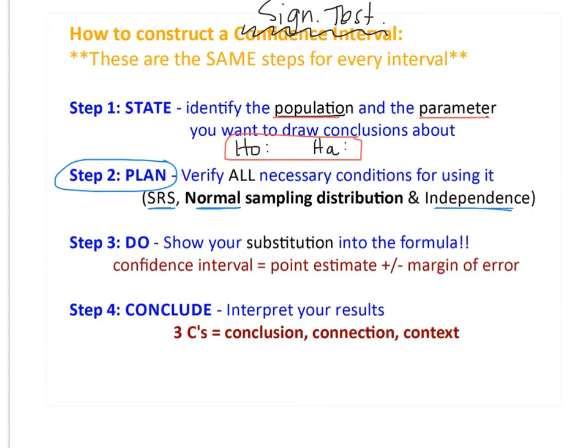The do step is where I show my big substitution, and once I have my substitution, I can then use my calculator. And lastly, step 4 is to conclude: conclusion, connection, context. So do I reject or fail to reject? What is the p-value? And use context from the problem.